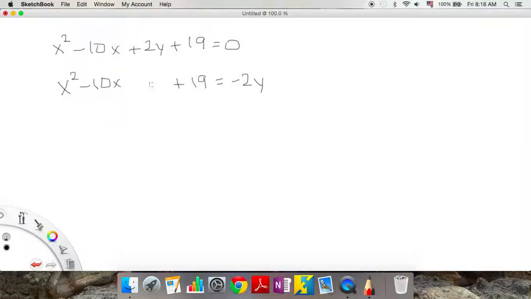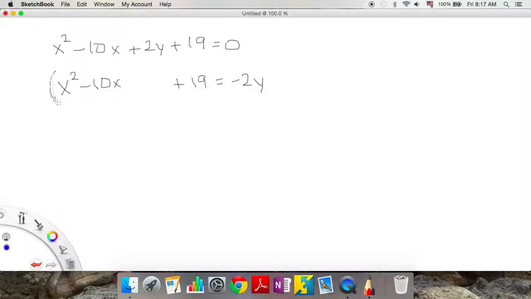Now, why did I leave this big space here? Well, if you remember when we were doing parabolas, one thing that we learned was that we had to complete the square. All conics are based on getting them into these generic forms that we can work with, these working forms, and you've got to be able to complete the square to do that. So we're going to complete the square here.